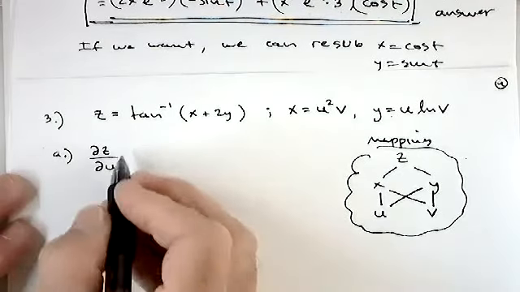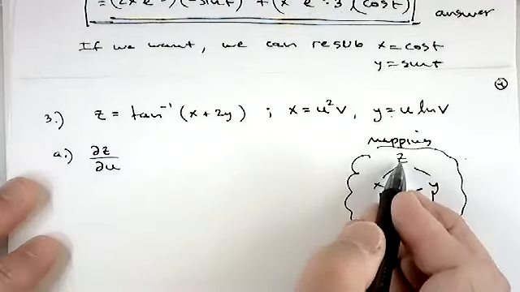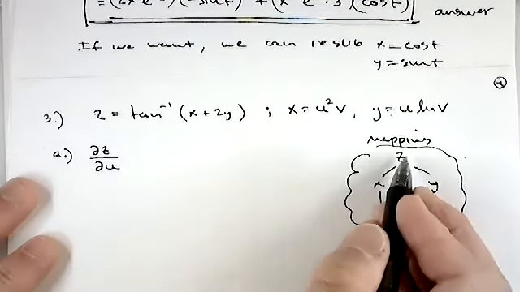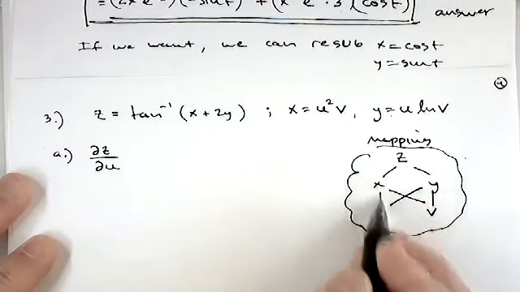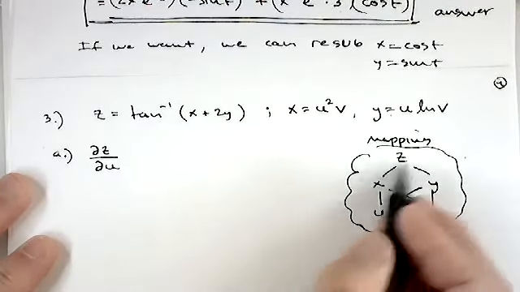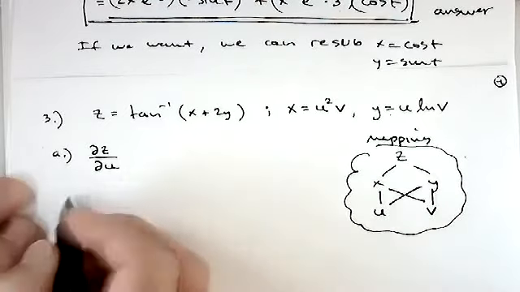Okay, and so taking my partial of z with respect to u, again, I can see there are two pathways, right? There's this one, and then there's this one. And this kind of helps me make sure I'm getting those.